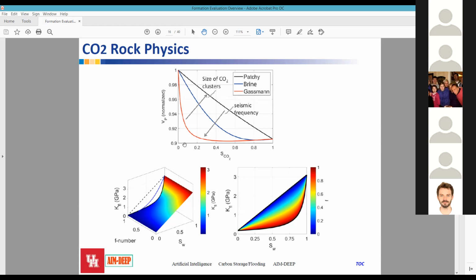So you see, this is not a unique case, and geophysicists have actually ignored this kind of behavior for a long time, especially when dealing with not very complicated monitoring studies. But for CO2, it is very critical to take into account this kind of complexity, especially the patchiness behavior.